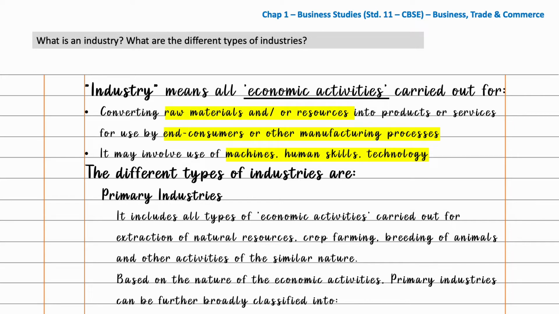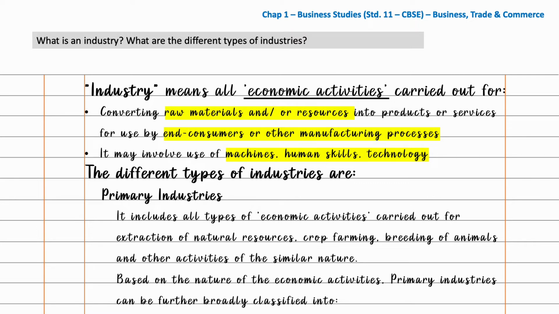So obviously those are the kind of resources which are being put into place to make the product. So very simple. Industry means economic activities which are split into two parts: conversion of raw materials and resources into some sort of products or services, and the involvement of machines, human skills, technology, etc.